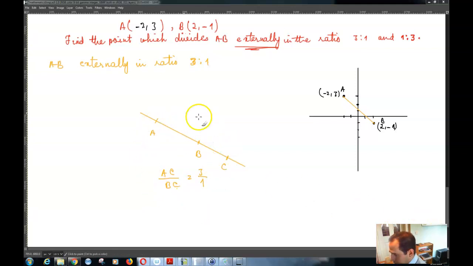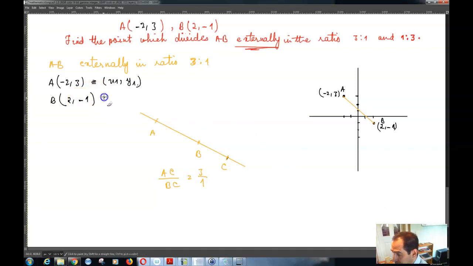But that's the situation that you have, and so in order to find the coordinates of this point C, since you're talking about the line segment AB, you take the point A, -2, 3, as x1, y1, and you take the point B, which has coordinates 2, -1, as x2, y2.